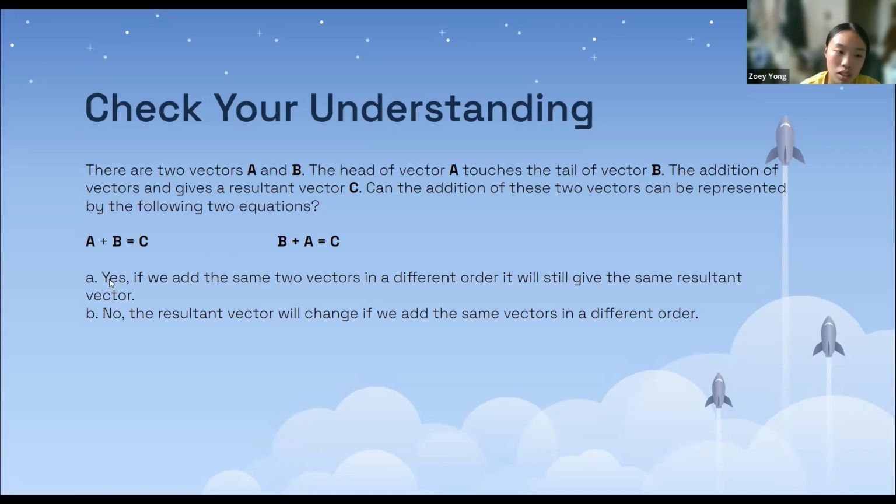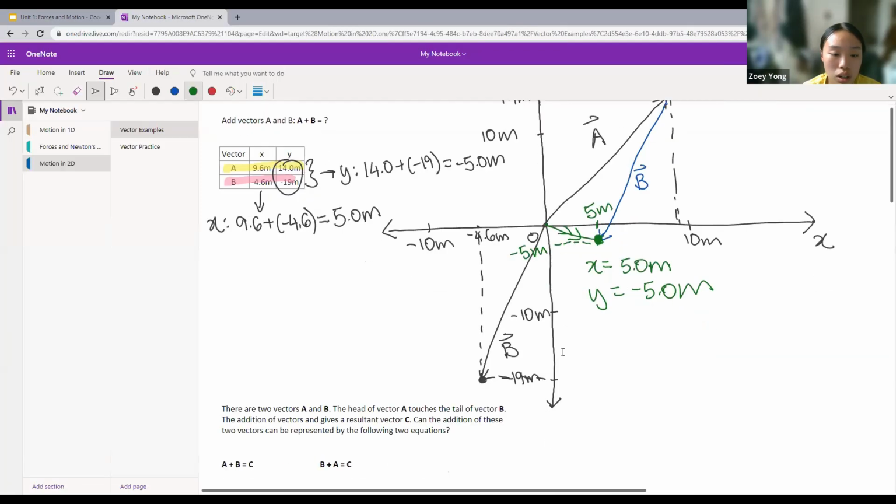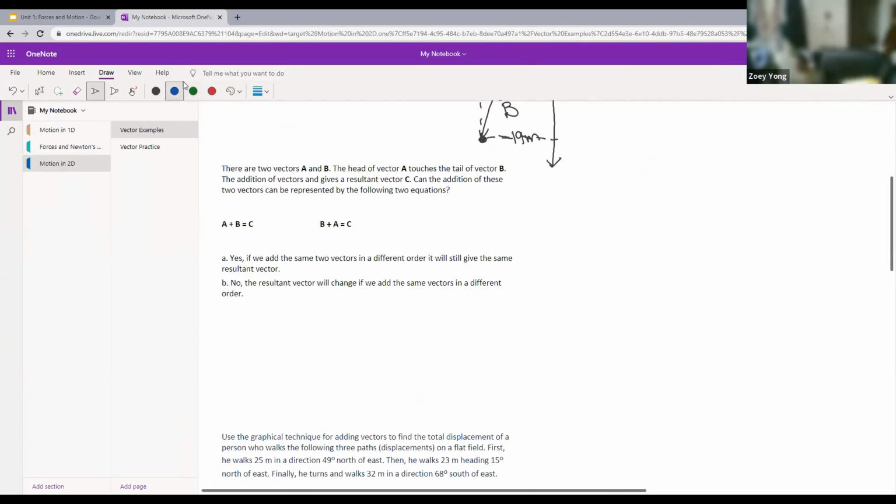The answer is A. Basically, if you have vector A, let's make it blue. This is A. This is vector B. What's the resulting vector? Resulting vector is like this, right? So this is C. That's what it looks like if you add A plus B. But what if you did B plus A?